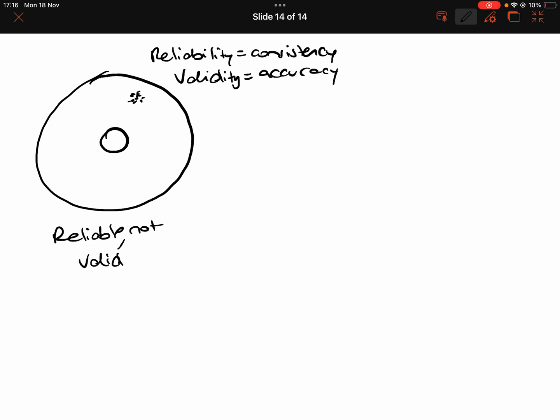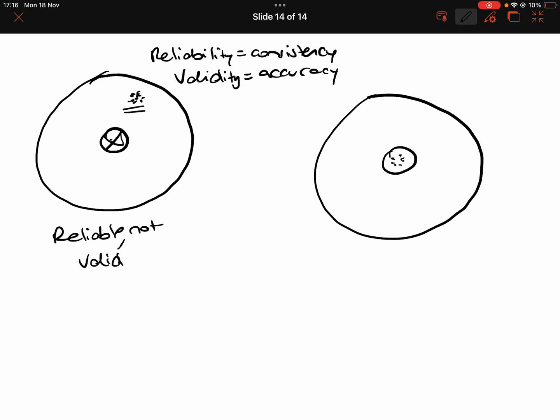So here we have a measure that's reliable. It's consistently getting the same results, but it's not accurate. So here we've got reliability, but not validity. We might have a measure that is both reliable and accurate. So it's getting the same results each time, so it's consistent, and it is actually measuring what we intend to measure.